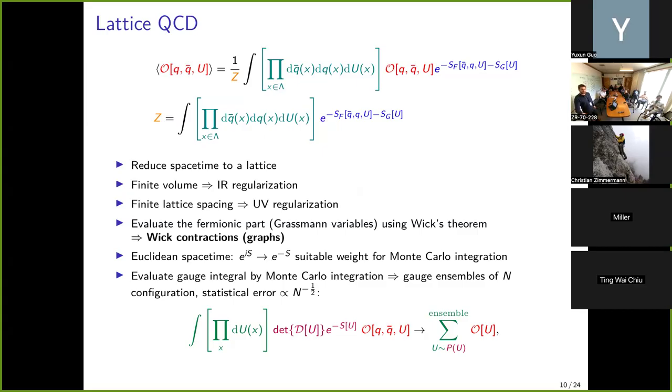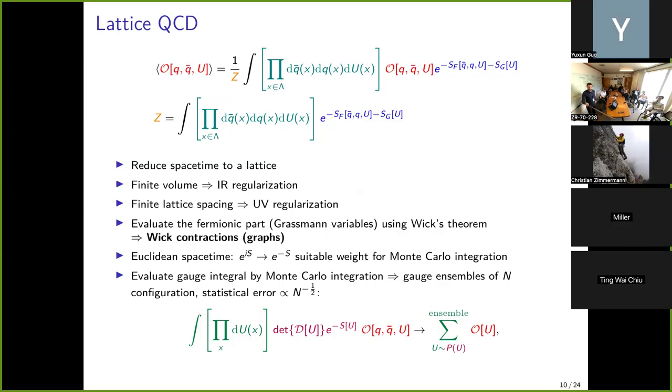Moreover, we have to go to a Euclidean space-time, because then we get rid of the i in the exponential, so that this factor turns into a suitable weight for Monte Carlo integration, which is the method we choose in order to evaluate the remaining integral over the gauge fields.